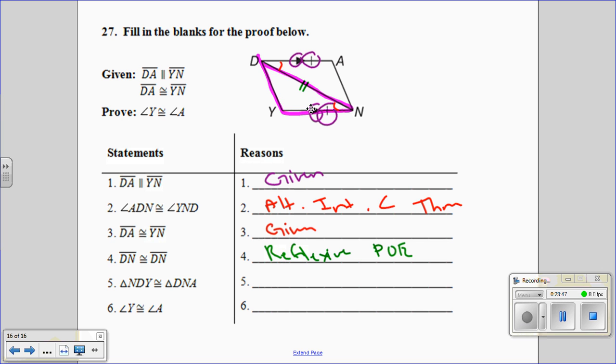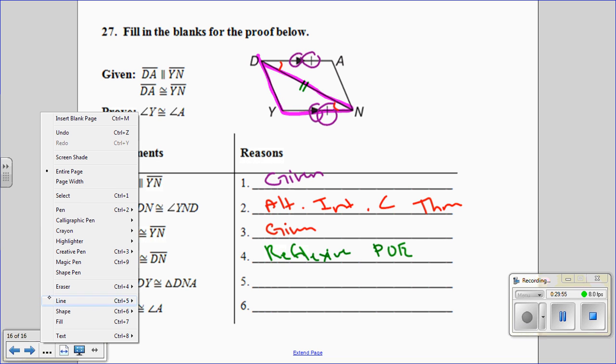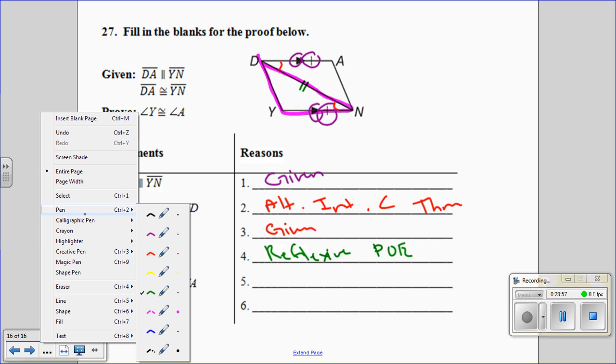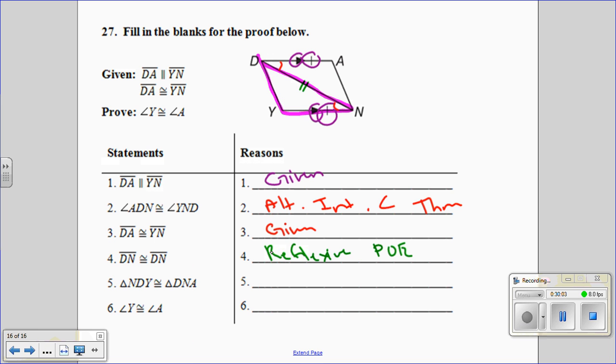So these same markings are in the other triangle I did not highlight, two sides, one angle included. So the reason that those two triangles are going to be congruent is because of side angle side postulate.